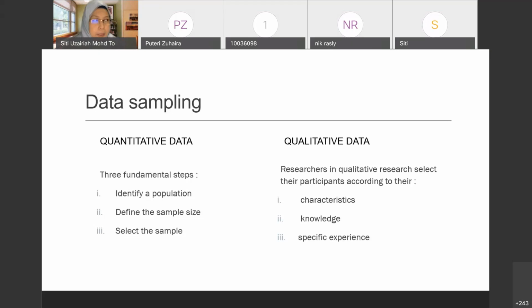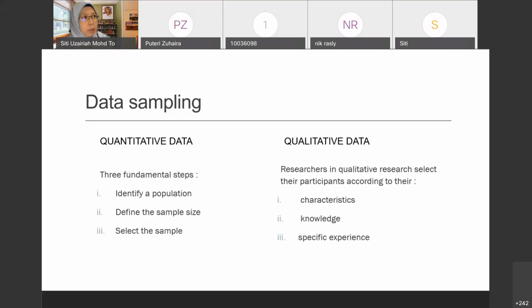When you choose a participant to collect your data, you need to look at their specific criteria. These criteria can be their specific characteristics. For example, in Malaysia we call B40, which is below 40 income. Maybe you want to look at B40 in the urban, city area, so you want to seek information from urban poor people, the specific knowledge that they have and the specific experience that they go through.